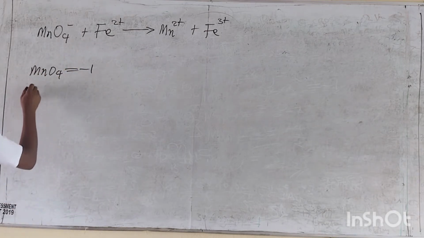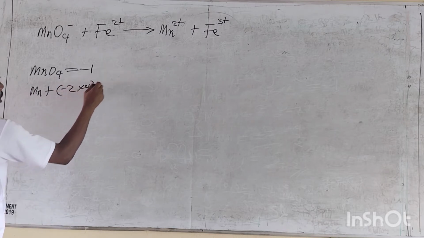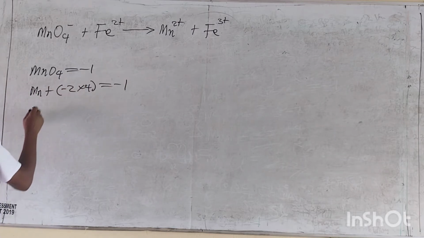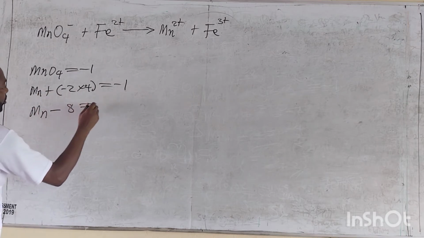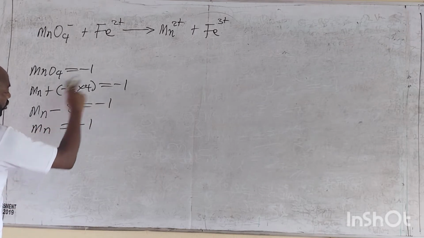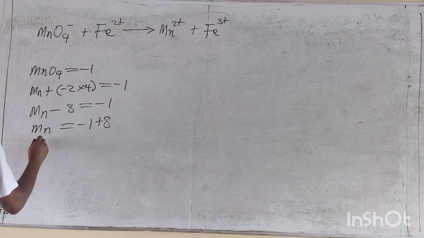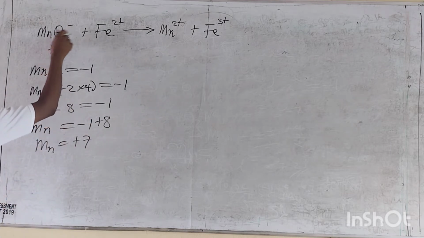So manganese is what we're looking for, plus oxygen is -2 times 4, all equals -1. So we have manganese, plus times minus is minus, 2 times 4 is 8. This is equal to -1. So manganese equals -1, this crossover becomes +8. Then manganese is equal to +7. So here the oxidation state of manganese in this compound is +7.